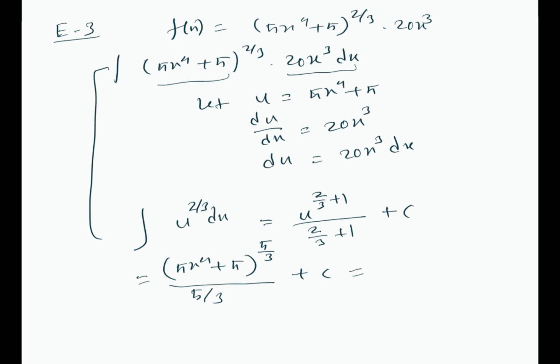So we can write it simply as 3 over 5, and then the cube root of (5x^4 + 5) all to the power 5.